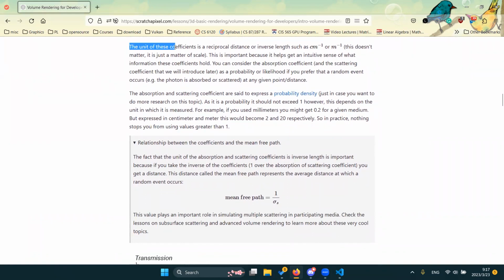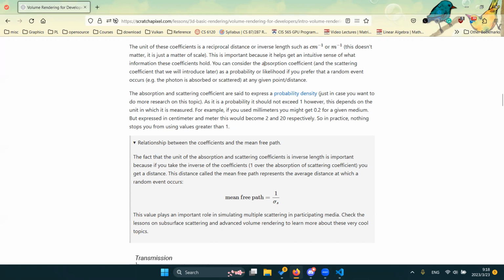Units of these coefficients are reciprocal distance or inverse length. It helps get an intuitive sense of what information these coefficients hold.